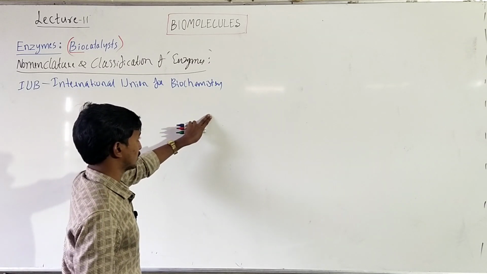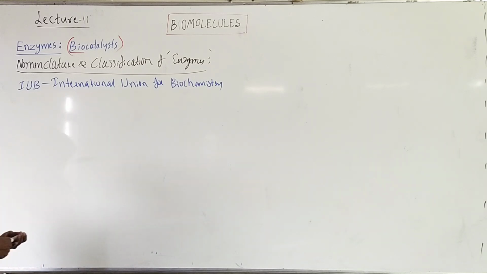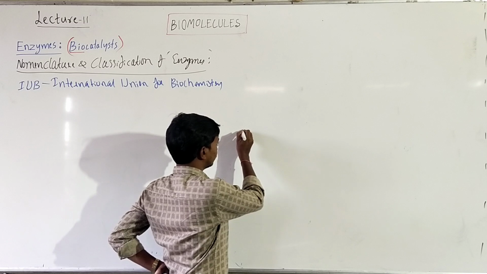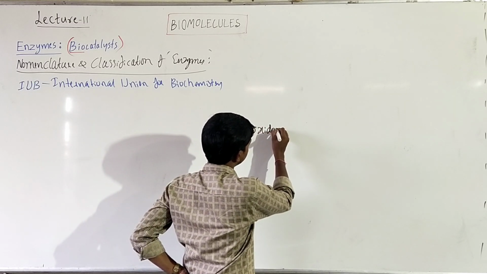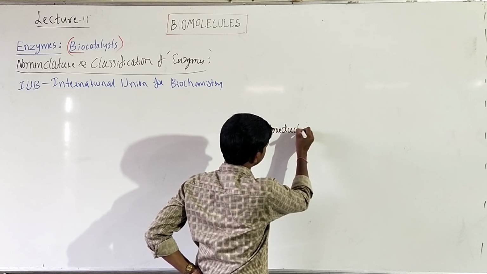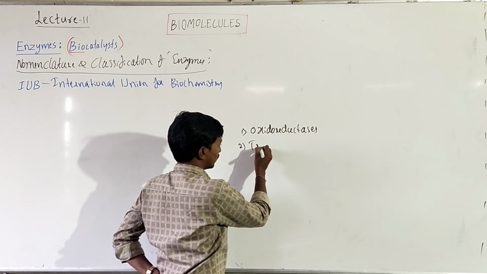6 categories of enzymes. Okay, so we'll see those 6 categories. First category is oxidoreductases. Second category is transferases.